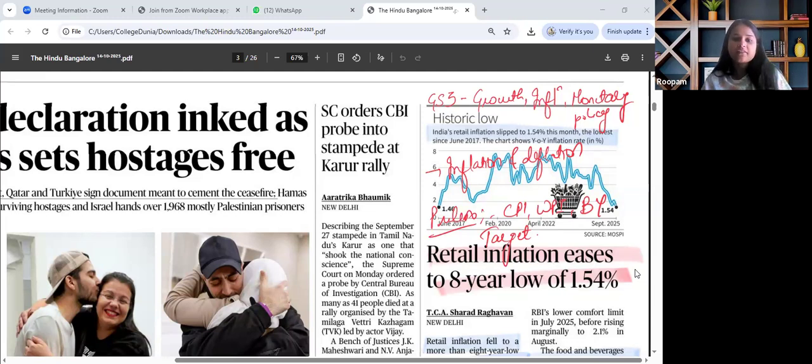From the prelims perspective, the areas we have to revise are CPI versus WPI inflation, inflation measurements, what is base effect, and the difference between core inflation and headline inflation. So this is how the basics are to be revised.